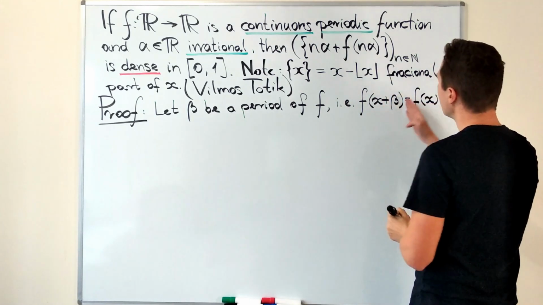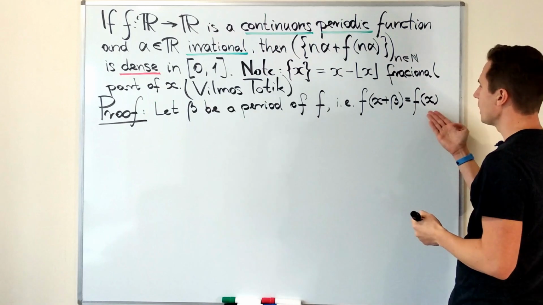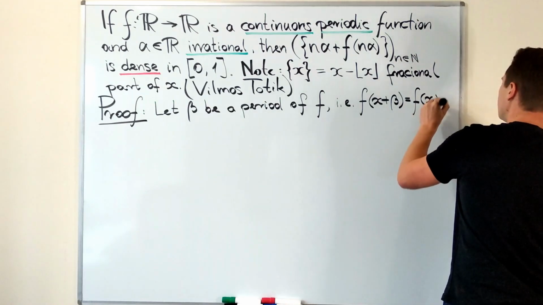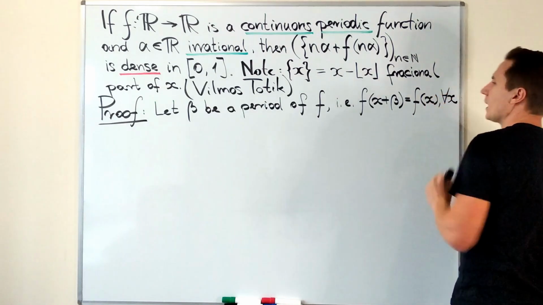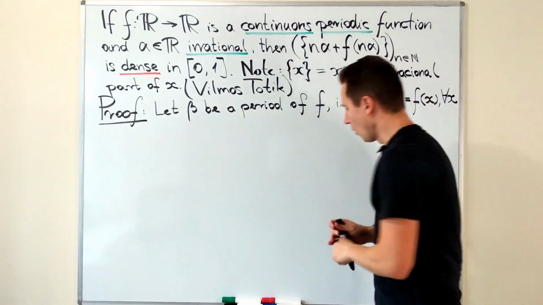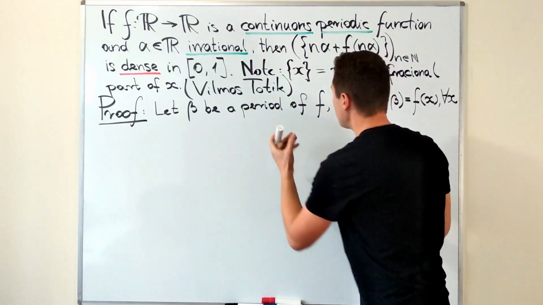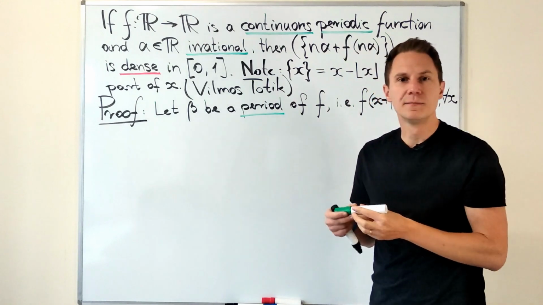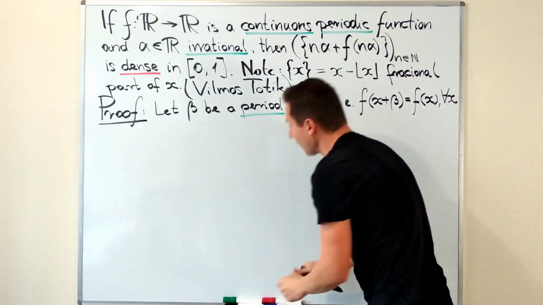So shifting the argument by beta does not change the value of the function, and this is true for all x.